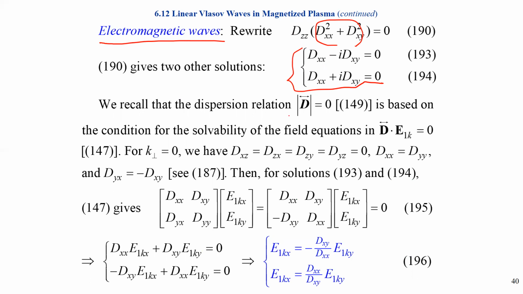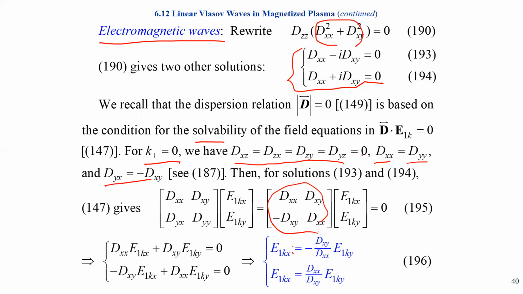We recall that the dispersion relation, determinant D equals 0, is based on the condition for a solvable wave equation. For the perpendicular components, we say these two equal 0, dxx equals dyy, and so we can simplify into these two.